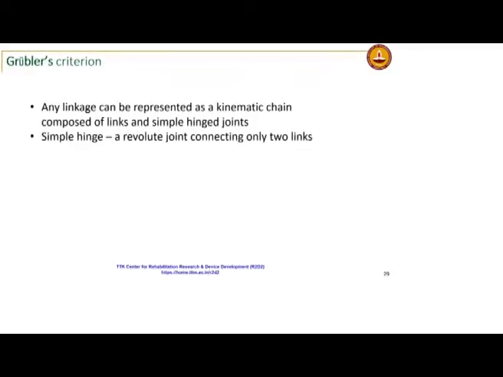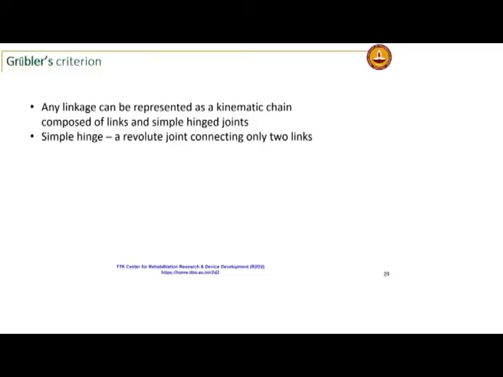So, now let us do a few things with the mobility equation. You can represent any linkage. If a mechanism has only lower pairs, we typically call it a linkage.